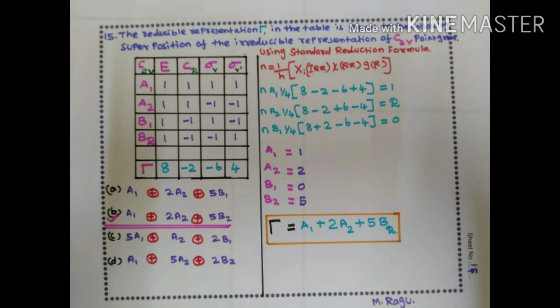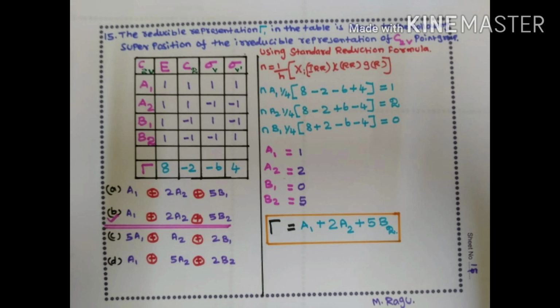Chi i is the irreducible representation and chi is the reducible representation. For A1: 1 by 4, 8 minus 2 minus 6 plus 4, which is 4 divided by 4, equal to 1. So A1 is equal to 1.